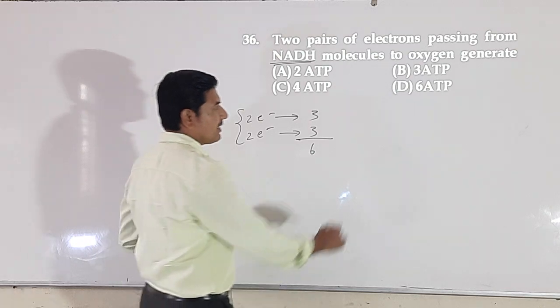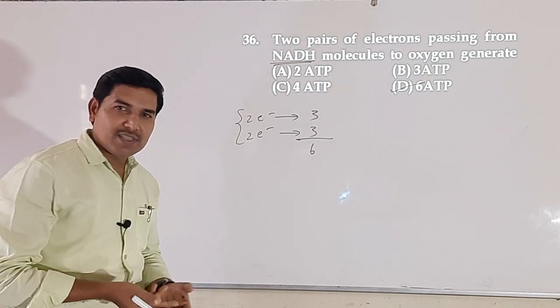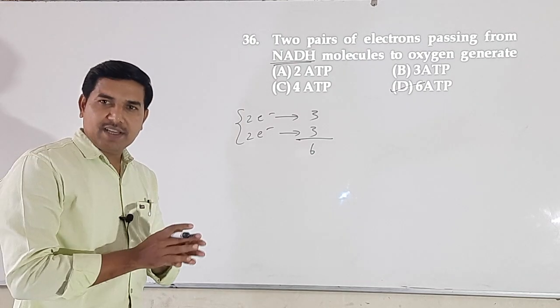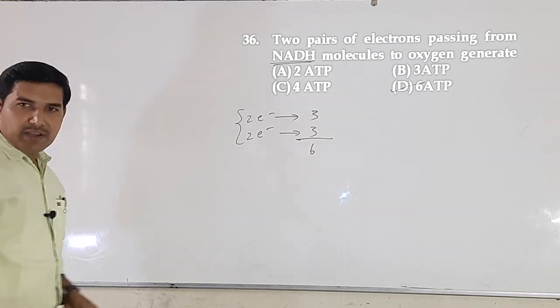So answer is 6 ATP. ಇಲ್ಲಿ 2 ಪೇರ್ ಅಂತ ಇರೋದ್ರಿಂದ 6 ATP. ಒಂದು ಪೇರ್ ಇತ್ತಂದ್ರೆ 3 ATP. Okay, so it is 6 ATP.